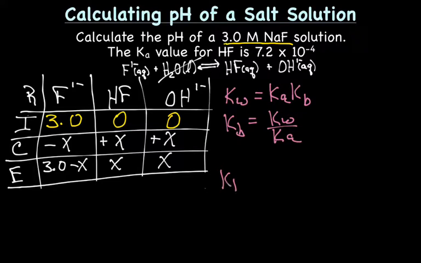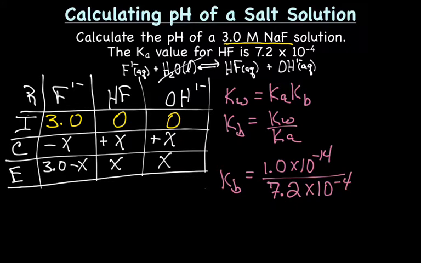So Kb equals 1.0 times 10 to the negative 14th over our Ka value, which is 7.2 times 10 to the negative fourth. So calculating for Kb, we end up with 1.4 times 10 to the negative 11th.